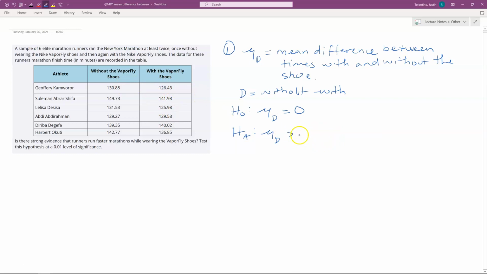It should be something that's greater than 0 because a bigger minus a smaller is going to be a positive number. So these are our hypotheses that we're going to test. So once again, we already talked about this, but the method we're going to use is a paired t-test.